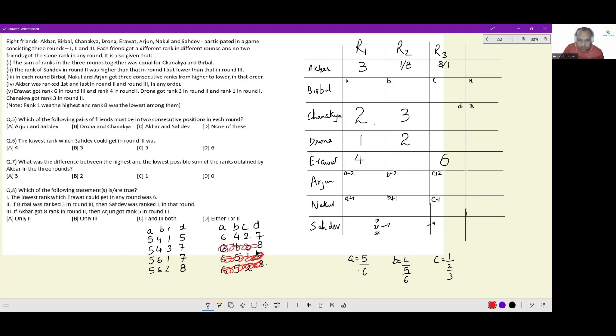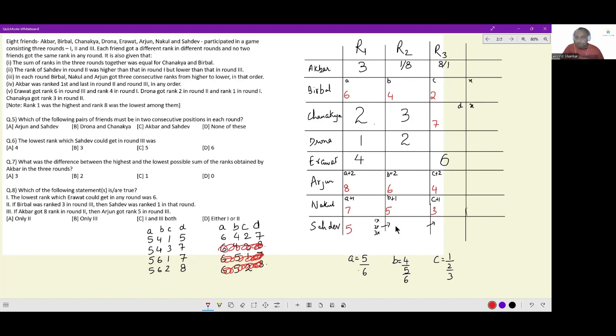This also becomes untenable. Now here 6, 4, 2, 7, 7 and 8, 5 and 6. Here I get how much? 2, 3 and 4. The only number left here is 5.